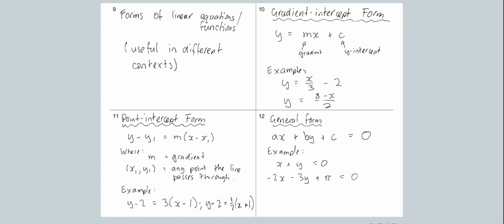That's how it should work, right? In other words, I put in a value for x, and then I can work out the y coordinate. And the only one that directly gives me that is gradient intercept form.